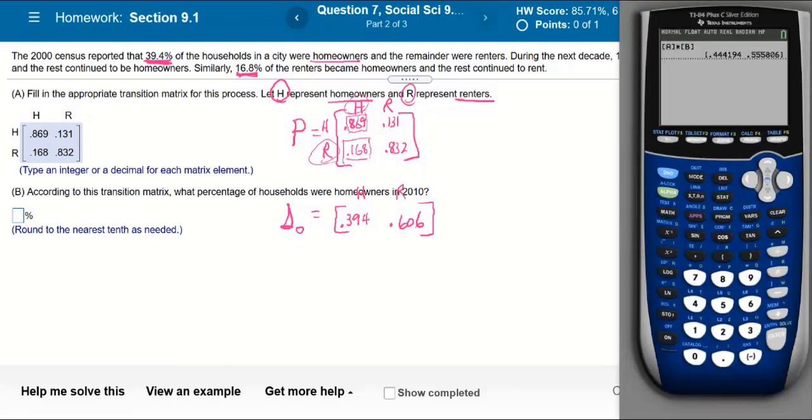And the only one of the numbers that we're interested in is the one that corresponds with the homeowners, since the question asked what percent were homeowners. And that would be the first number in the matrix, which would be, rounded to the nearest tenth, 44.4%.